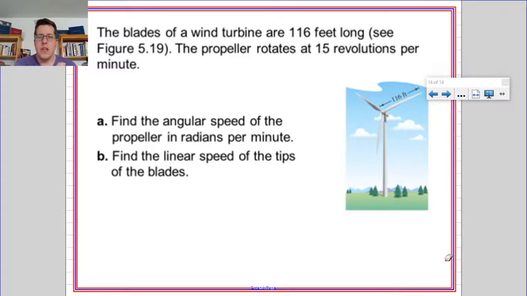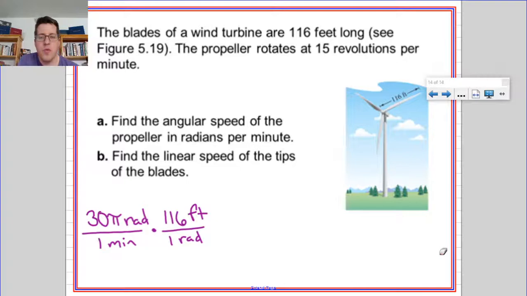To find the linear speed of the tips of the blade, I'm going to start with the information that I already have, which is to say I'm going to start with 30 pi radians per minute. Now, I need to turn radians, an angle measure, into feet, a linear measure, or a measure of the circumference. To do that, I remember that 1 radian equals the length of the radius.